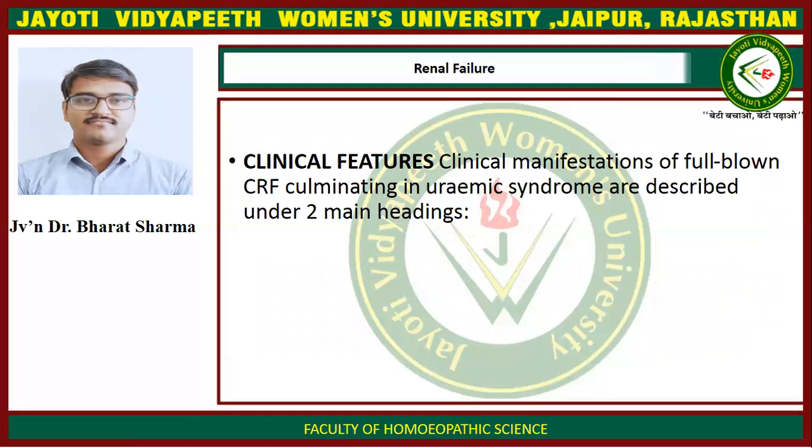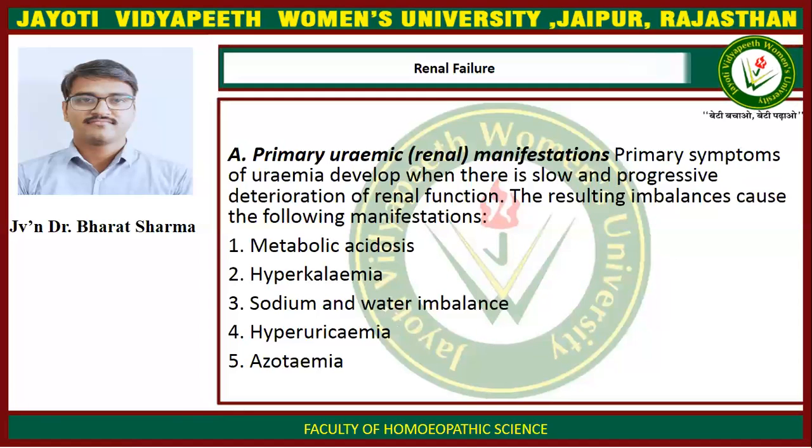Clinical features. Clinical manifestations of full-blown chronic renal failure culminating in uremic syndrome are described under two main headings. First is primary uremic manifestation, where primary symptoms of uremia develop when there is slow and progressive deterioration of renal functions.